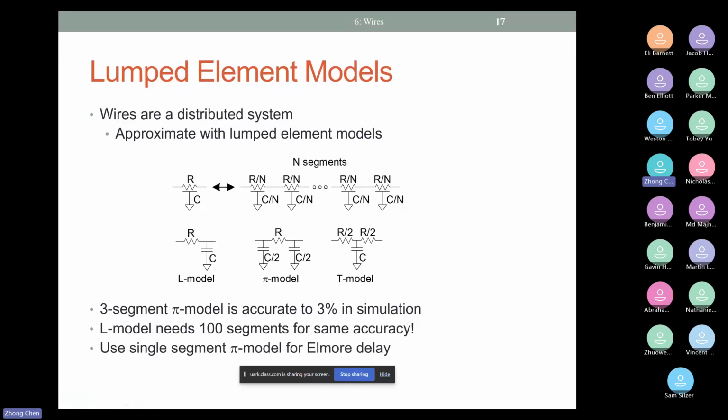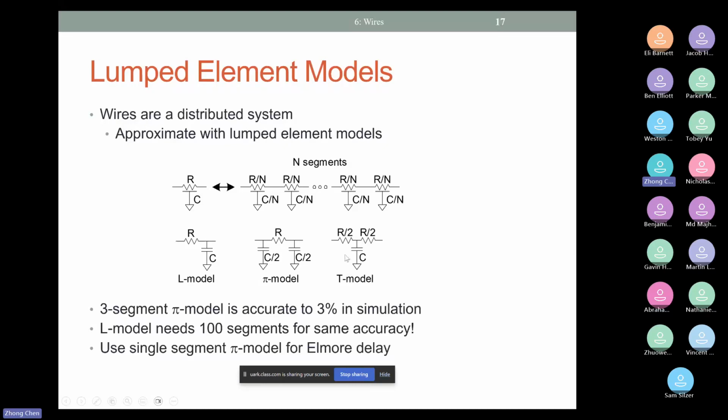That means if you use a pi model, the middle one, you break your total wire resistance and capacitance into 3 segments. I break the resistor into 3 resistors, and I break the total capacitance into 6 capacitors and connect them like this, a pi model, in series.